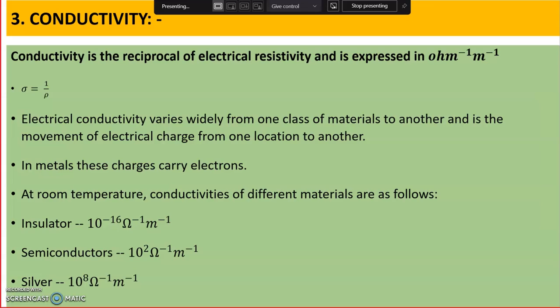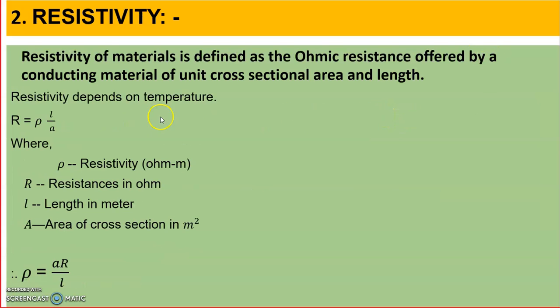Then second important property is conductivity, because for conducting materials, conductivity and resistivity are the main properties. So conductivity is the reciprocal of electrical resistivity. So you know rho is resistivity. So conductivity will be 1 upon resistivity, and is expressed in ohm^-1 meter^-1, because here resistivity unit is ohm meter.